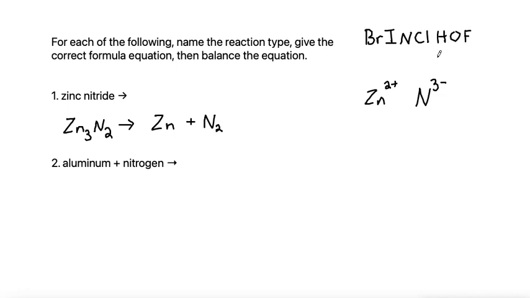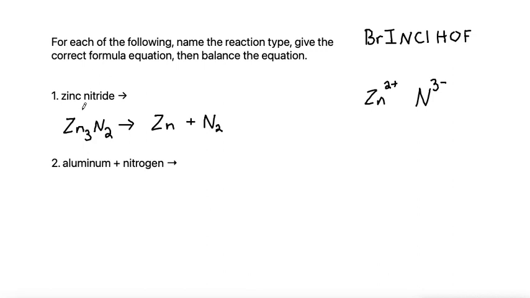So your diatomic elements, the ones that have a 2 subscript on them, are Br, bromine, I for iodine, N for nitrogen, Cl for chlorine, H for hydrogen, O for oxygen, and F for fluorine.